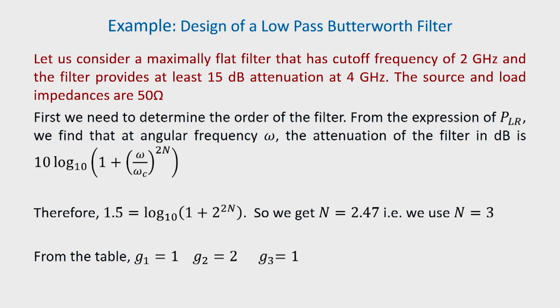From the table which we have just discussed, we see that G 1 is equal to 1, G 2 equal to 2 and G 3 equal to 1 for a third order filter.